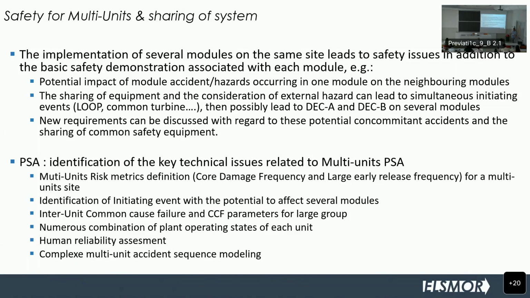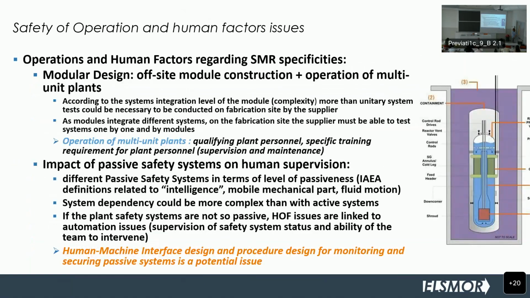What happens when you have plants in the same vicinity? These SMR modules are supposed to be constructed and sent in place.